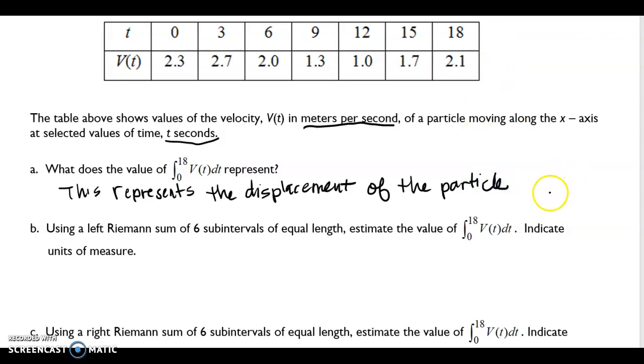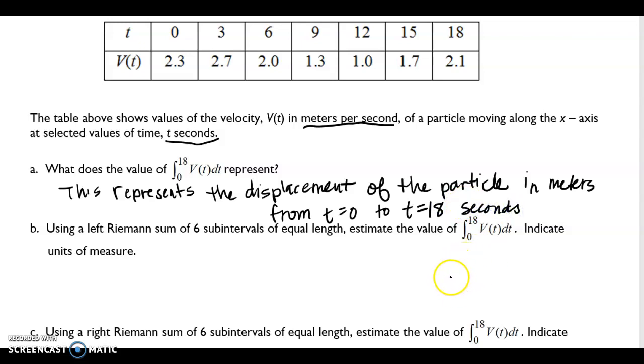And don't forget, we need to put units for that. And so if velocity was meters per second, then position will be meters. So in meters, and then we'll do our time interval from t equals 0 to t equals 18, and that's seconds. It's not actually asking us to find it here, it just asks what it represents.